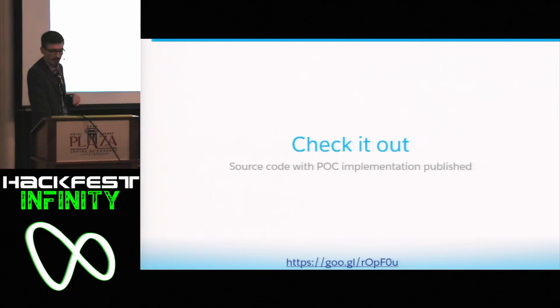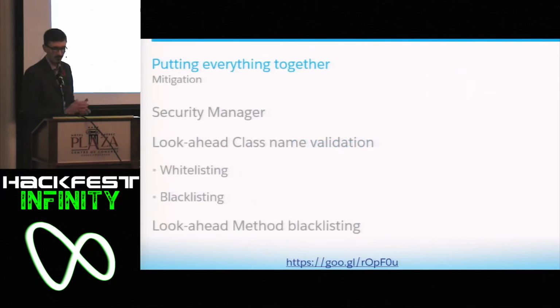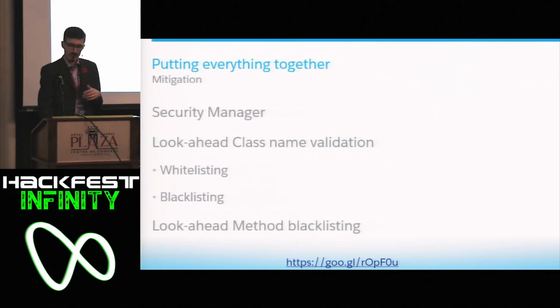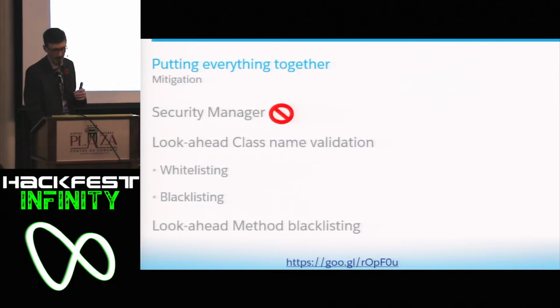Check it out. I implemented it in a way that you can bring your own bytecode library. So I guess it's time for my conclusion here. We talked about different ways of mitigating these attacks. Using the security manager is not a complete solution because it can miss some cases.